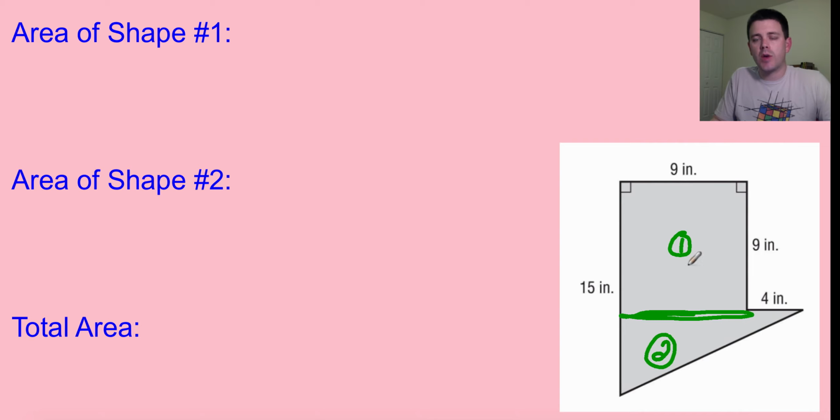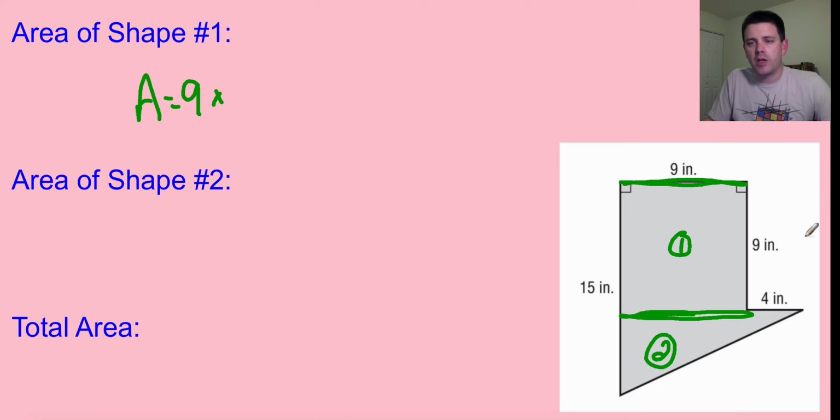So let's start with our rectangle. Our base is the distance across. That's my 9. My height, this is where you got to think a little bit. I got a 15 over here, a 9 over here. Well, the 15 is the distance from the top all the way to the bottom.